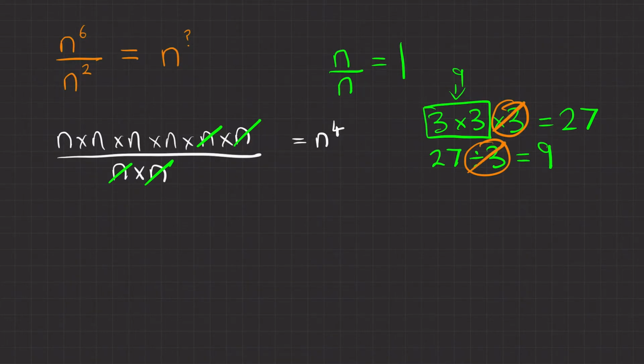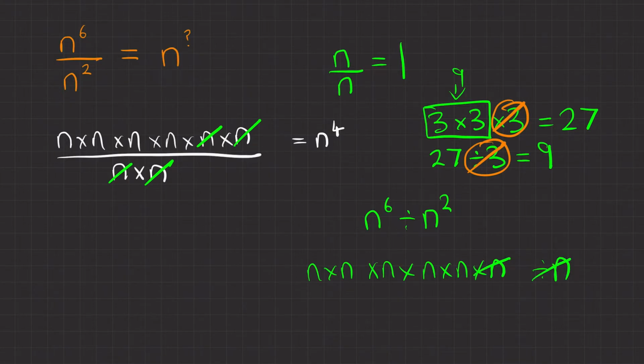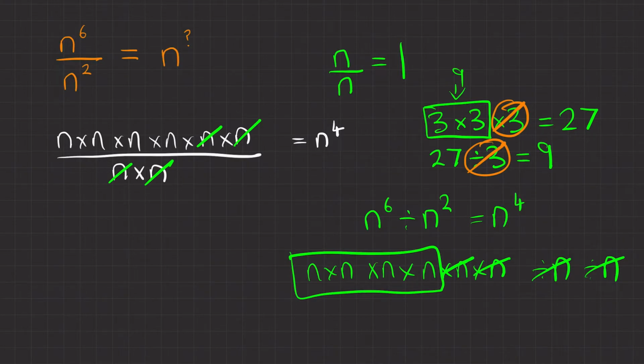So what we can say is n to the power 6 divided by n to the power of 2. Well, if we've had n times n times n times n times n times n, and then you divide by n, that cancels out 1, and you divide by another n, that cancels out another 1. So we're left with just 4 of these n's being multiplied by each other, which is n to the power of 4. So we know now that our final answer for n to the power 6 over n squared actually equals n to the power of 4.